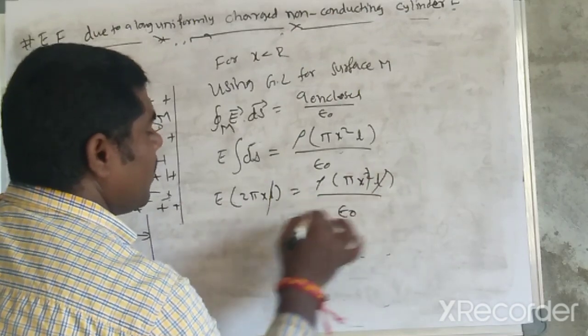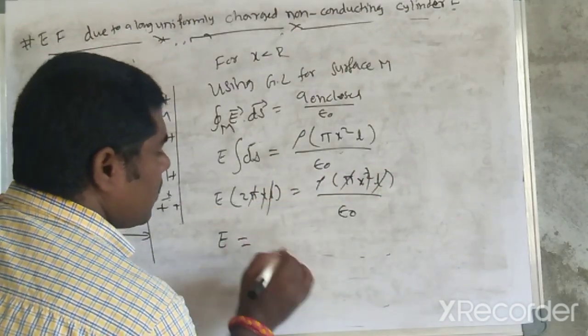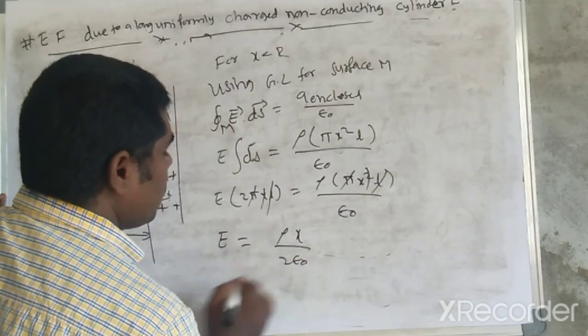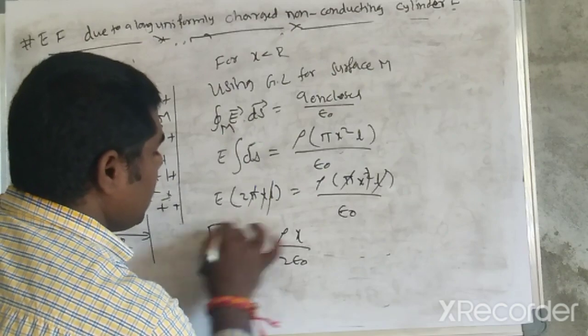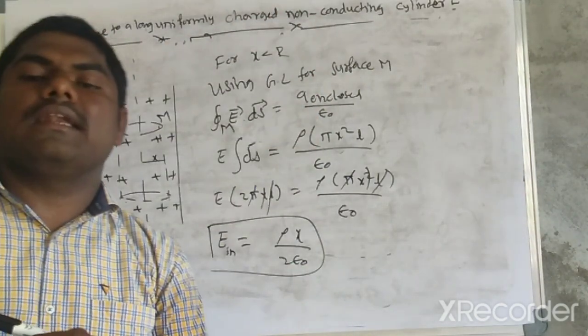L gets cancelled, one x gets cancelled, pi also gets cancelled. So electric field is equal to rho x divided by 2 epsilon naught. This is the electric field strength inside the non-conducting cylinder.